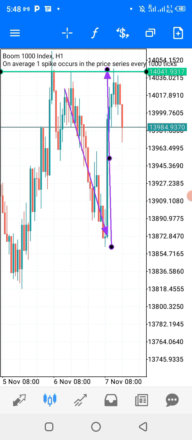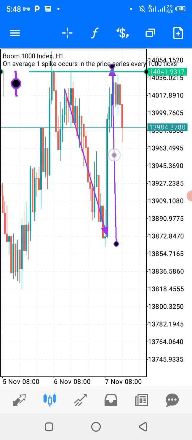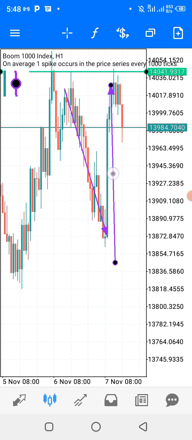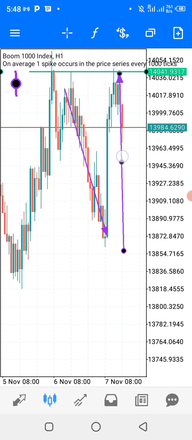You put your stop loss somewhere here, a bit above the tip of this arrow. All these positions should be referred to that stop, because you are opening all the positions within this area. You open them at the same time, so that even if a spike happens, it will be something like $1 loss or a few cents. For all the positions, the loss will not be much.